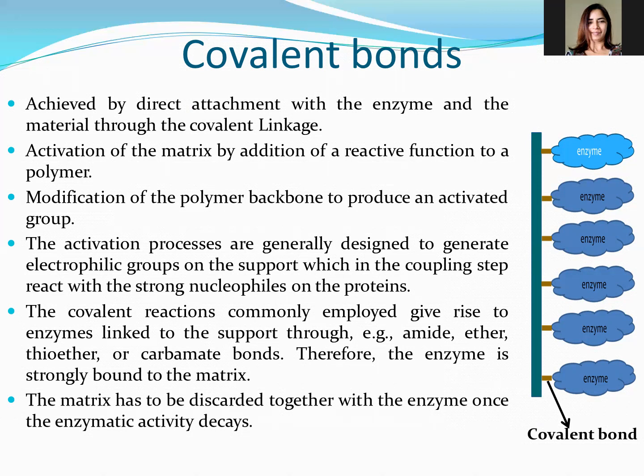There is a high degree of reactivity based on different functional groups like imidazole, phenolic, hydroxyl, etc. Covalent coupling is the most frequent approach of immobilization, in which covalent bonds are formed between amino acids of the enzyme and the matrix.